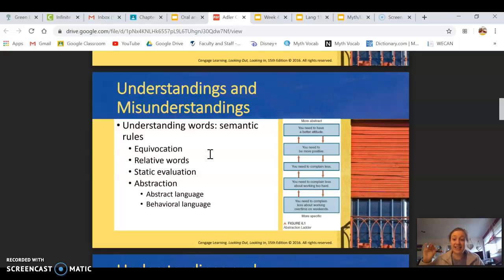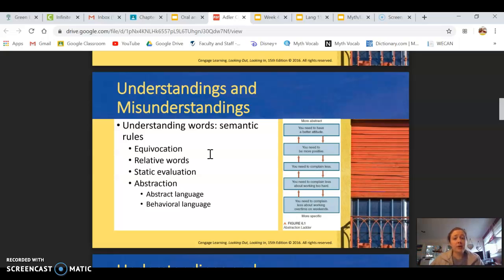Using that is saying, okay, they're stuck at that. They're static. They don't change at all. And that's not true. People do change, and they don't stay consistent. They might be short-tempered at this point, but maybe not later. Or they might have been short-tempered when you knew them back in middle school, but now they've worked on that and they're not short-tempered anymore. So static evaluation.